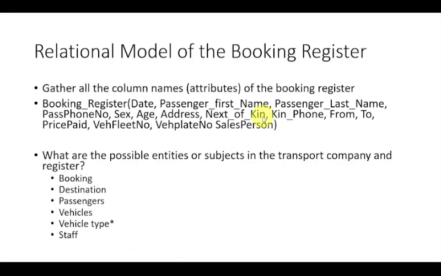All right, so first and foremost, when we looked at our table, we gathered all the column names and attributes of the booking register. Now we remember that we saw date, passenger first name, last name, the passenger phone number, the sex, the age, the address, the next of kin, the kin phone number, from where to where, price paid, vehicle fleet number, plate number, and the salesperson.